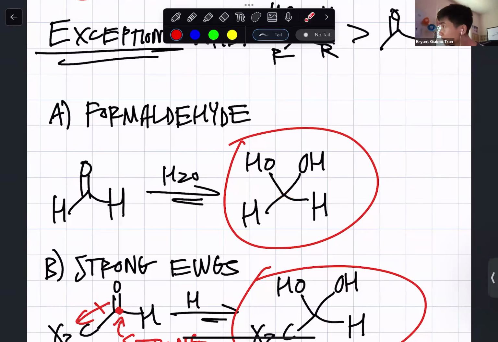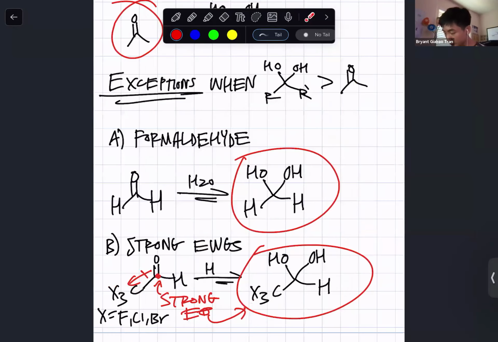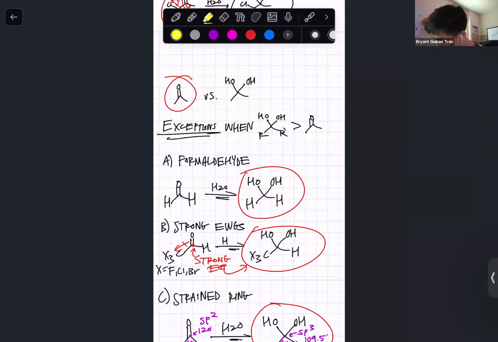So know these three exceptions when the geminal diol is going to be more stable than a carbonyl.